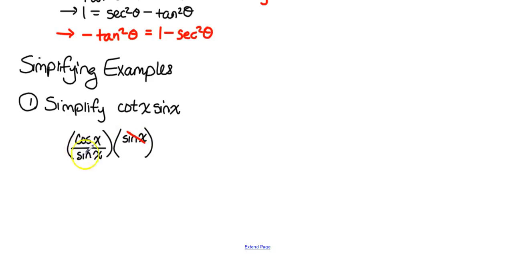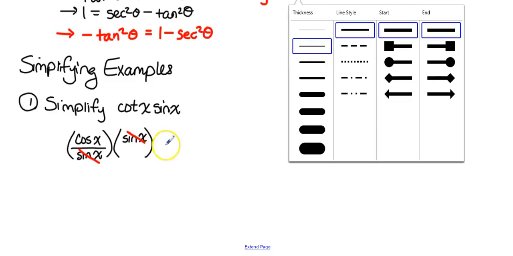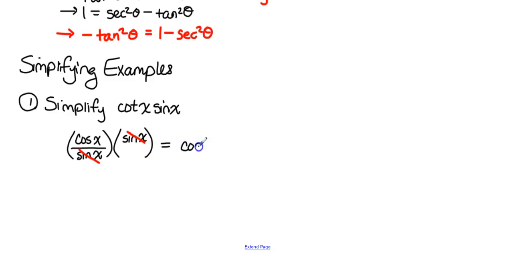Sine of x here in the numerator cancels out with sine of x in the denominator, equals cosine of x. And that's as simplified as we get. So this is our first example of how we're going to use our identity knowledge to simplify.